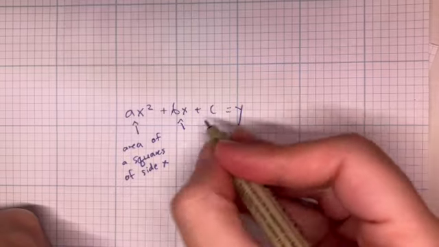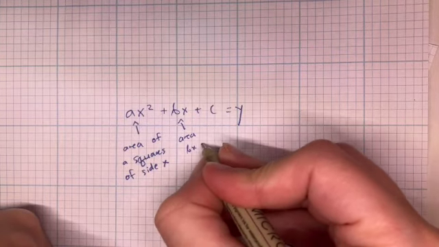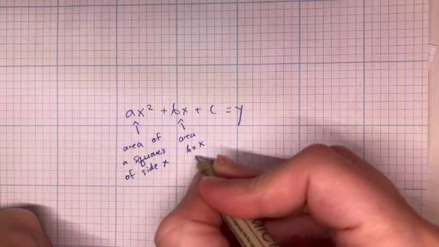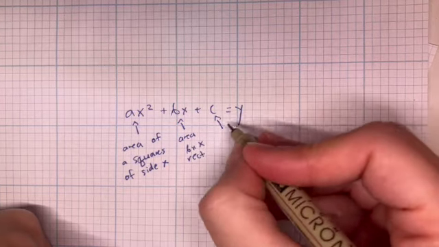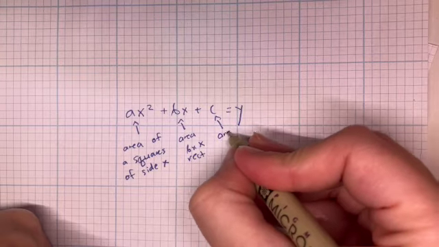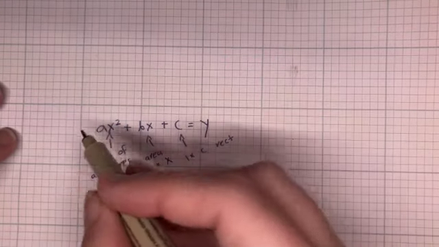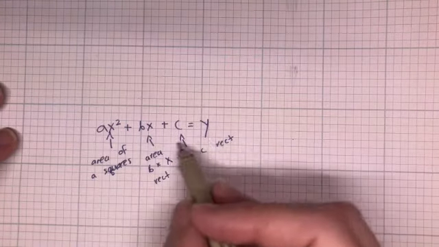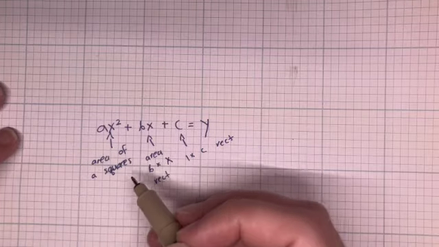This term, that's just the same as the area of a b by x rectangle. And this term, well, that's basically the same as the area of a 1 by c rectangle. Now, what we want to show is when x is increased, this whole thing still has a constant second derivative.